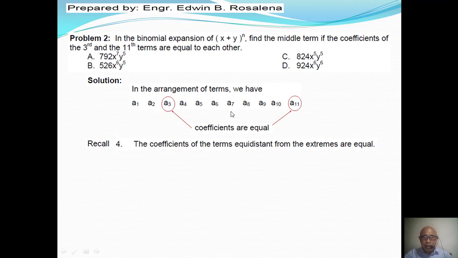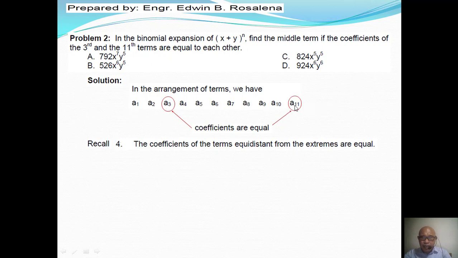So, meaning, if they have the same location from the extremes or from the ends, dapat the 11th term is third from the last. No? Third from the right. Again, A3 is third from the left.